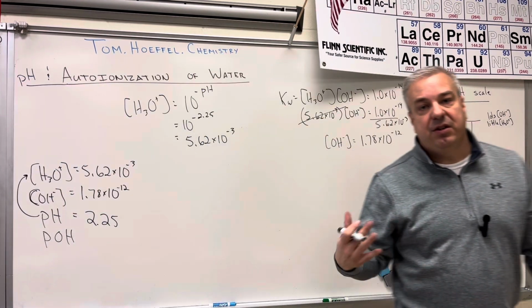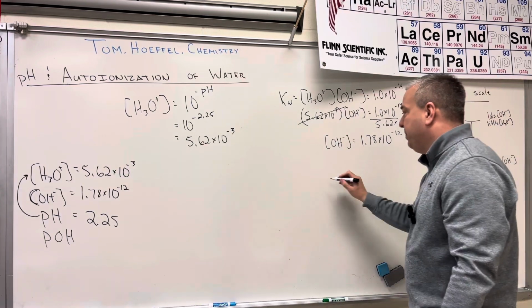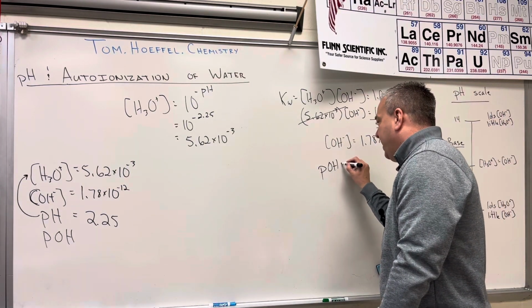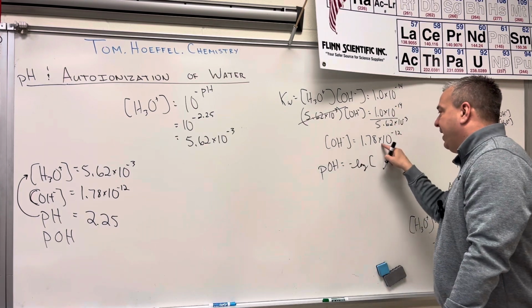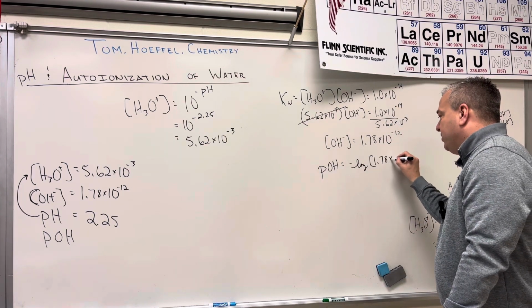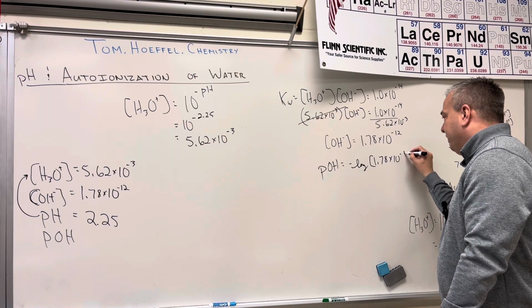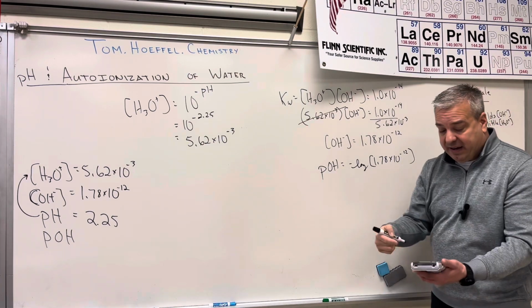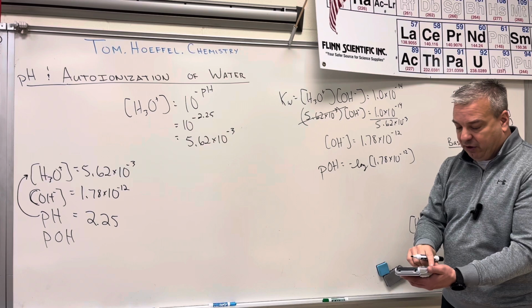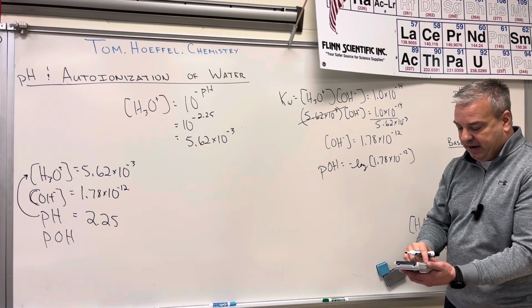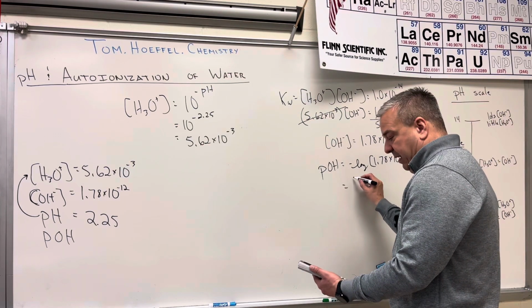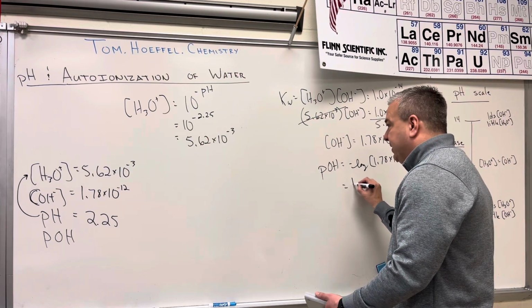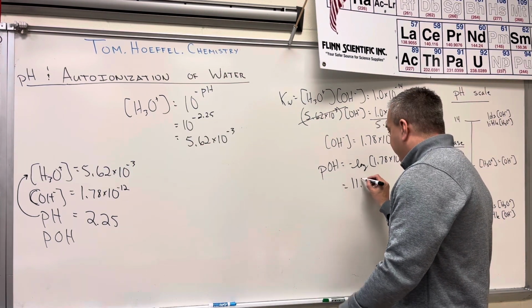Now I'm going to use this value to figure out the pOH. Remember, pOH is the negative log of the concentration of the hydroxide ions, which is 1.78 times 10 to the negative 12, already in my calculator. So I do negative log of that answer, and I get a pOH equal to 11.75.